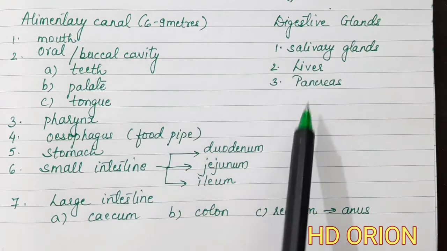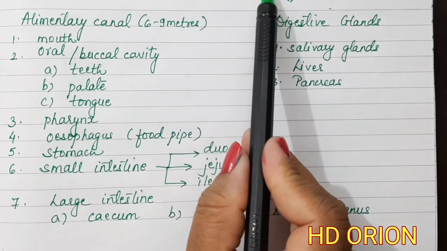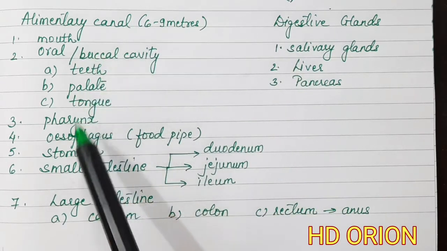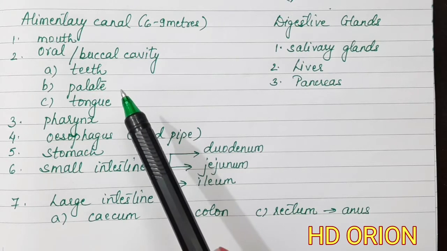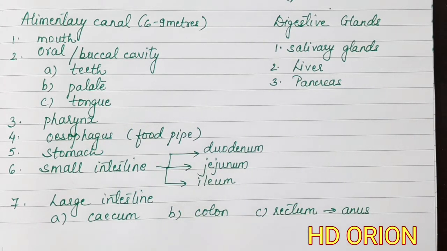So this is the layout or the organs that compose the human digestive system. The 5 steps of nutrition that we studied are completed in these parts only. So we will see which parts are involved in ingestion, digestion and all the other steps that we just discussed under nutrition.